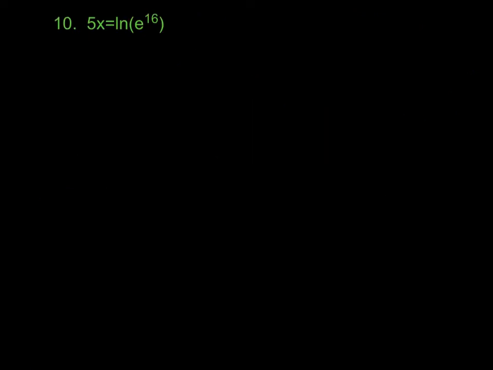Number 10 is asking us to find the value of x. If we look at this question, we just need to divide by 5. So I'm going to divide the left by 5 and the right by 5, and that will cross out that 5 on the left-hand side. So I have x equals the ln of e to the 16th, and that over 5.